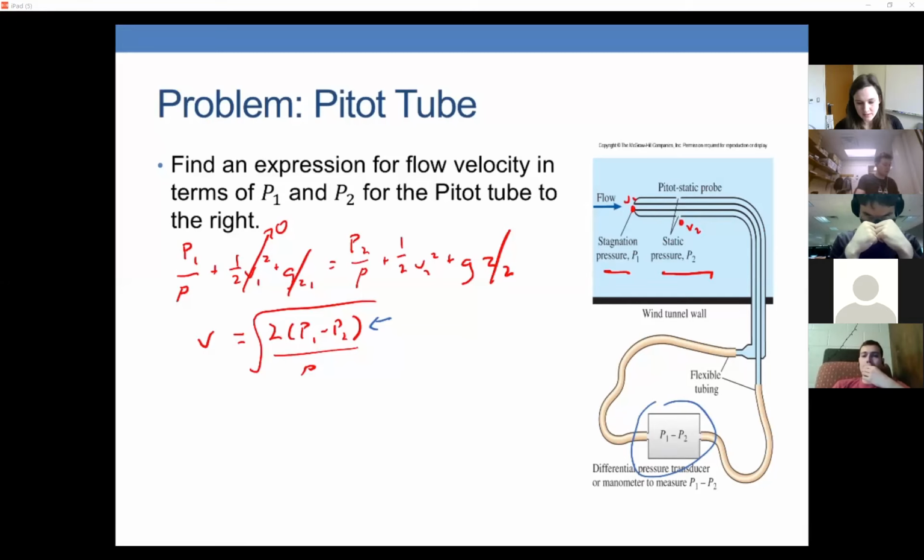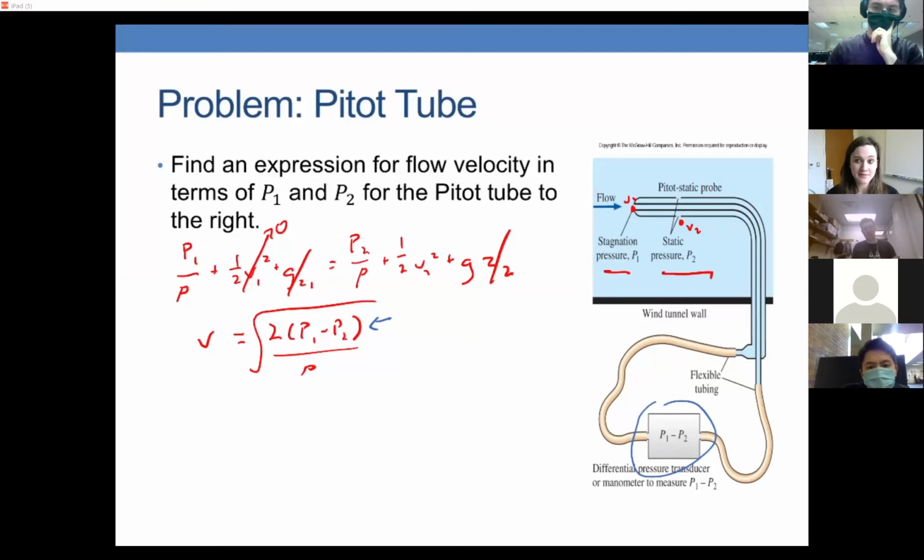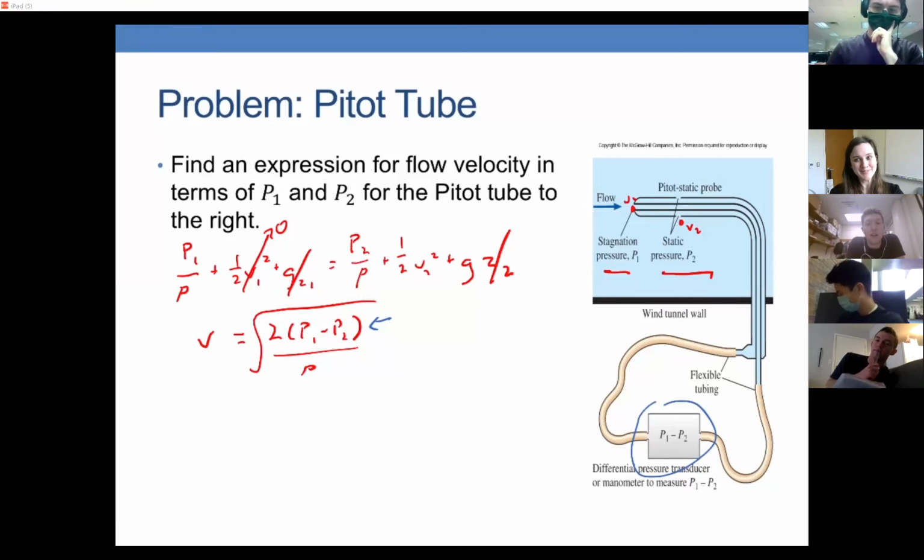I just don't understand how you can have pressure if there's nothing flowing into it. We had 2 days on fluid statics. When you have a still, static fluid, it has a pressure, right? Okay. So these parts of the tube are full of air, and we're assuming that the part open to the front is the same pressure as what's hitting it?